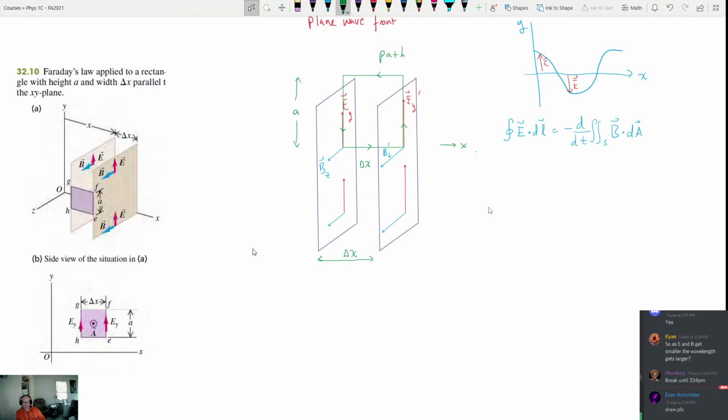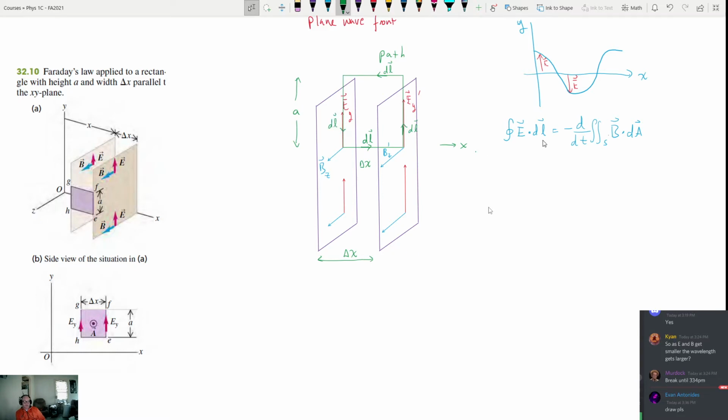Remembering that for the electric field for the wave that we're describing, it only has a y component, okay? So how do we do that? Well, the arrows that I've made on this path effectively represent our dl's, okay? So there's a dl that goes that way, there's a dl that goes this way, and so forth. Also a dl on this side that goes up this way, and a dl on this side that goes down this way.